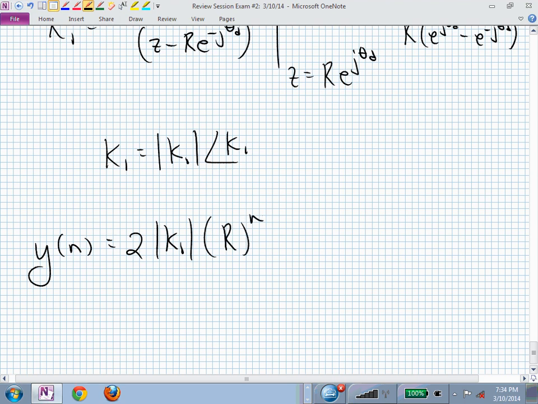R was our radius of the poles, the complex poles. We now just scale that by n every time. We have cosine of θ_d n. We know what θ_d was. That was the angle of those poles, plus the angle of k1. And we had an outer region of convergence, so this is valid for non-negative values of n.